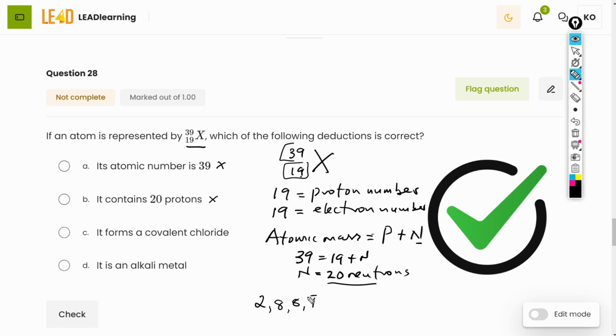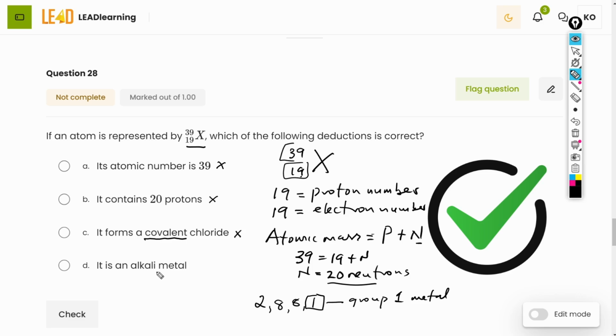That means it has one valence electron. That makes it a group 1 metal because it has one valence electron. Now group 1 metals do not form covalent molecules. They do not form covalent compounds. So this information is not true.